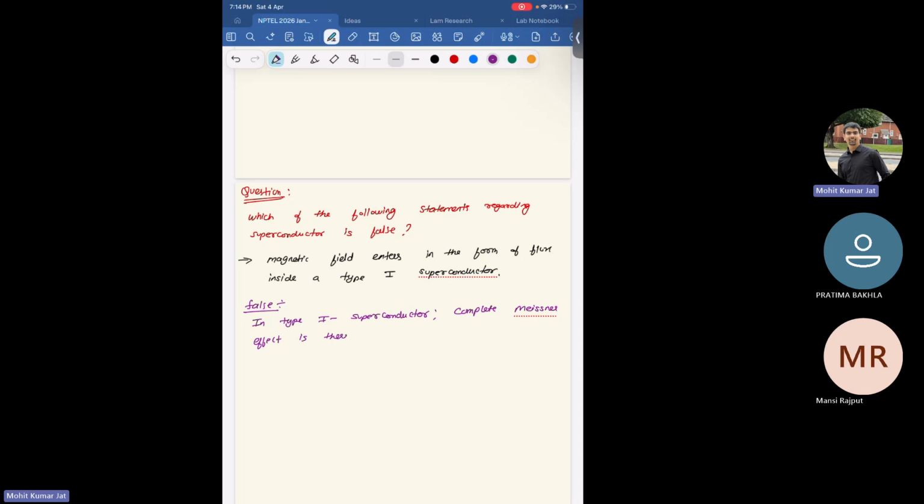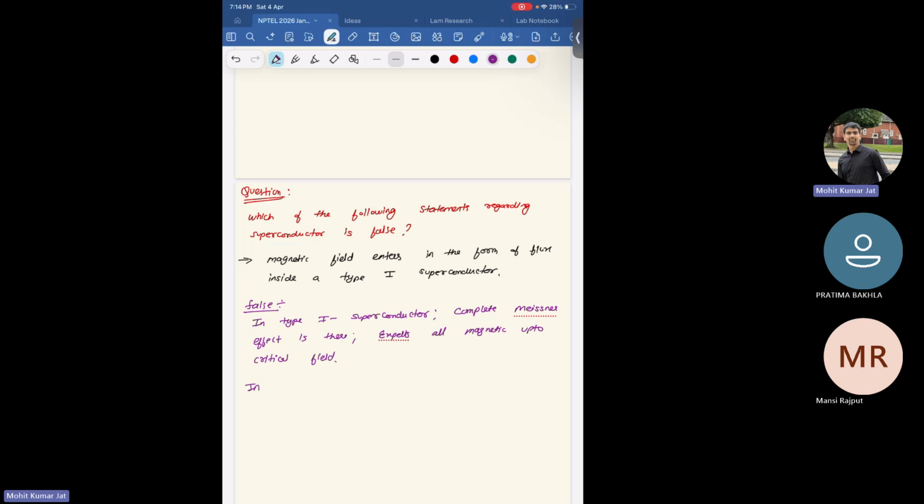That means it expels all magnetic field, up to the critical field.